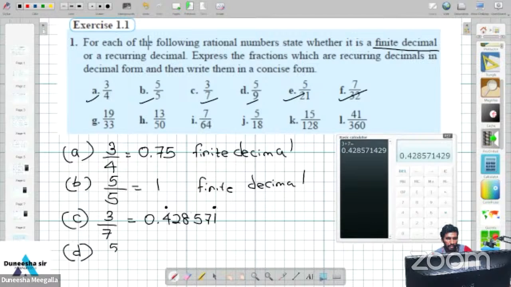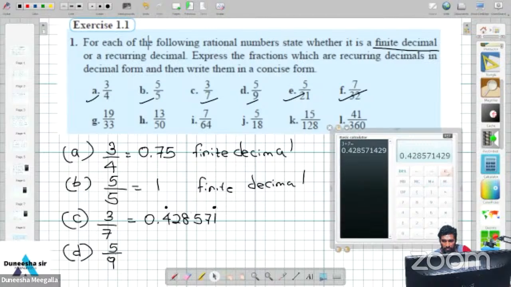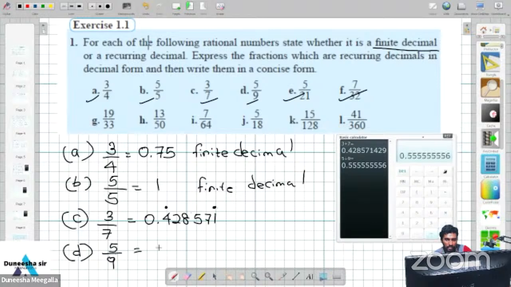D, 5 divided by 9. 0.555. Is it repeating 0.5?